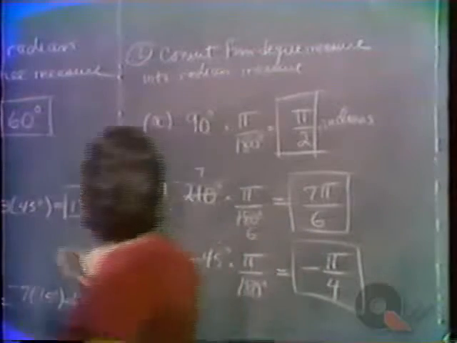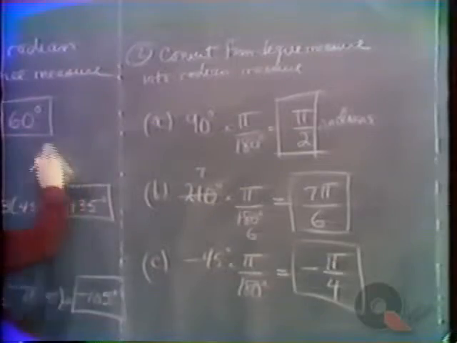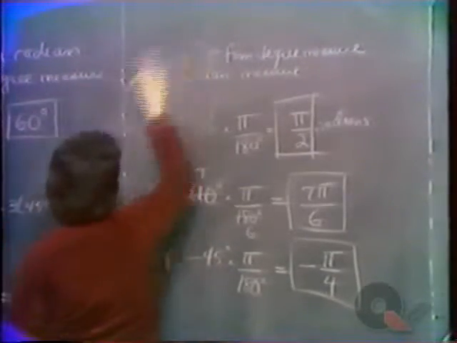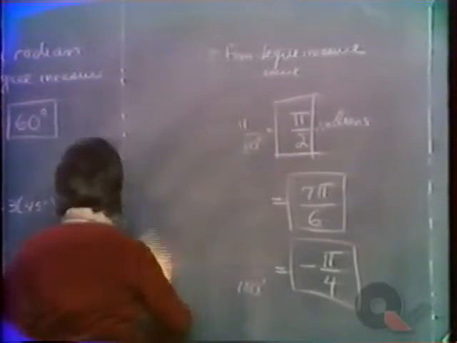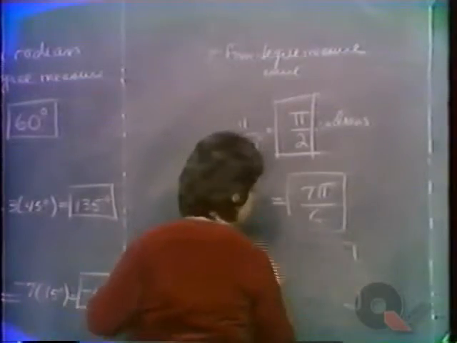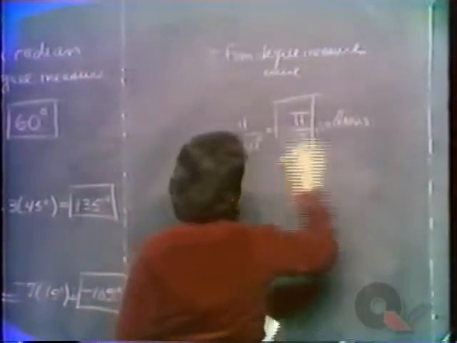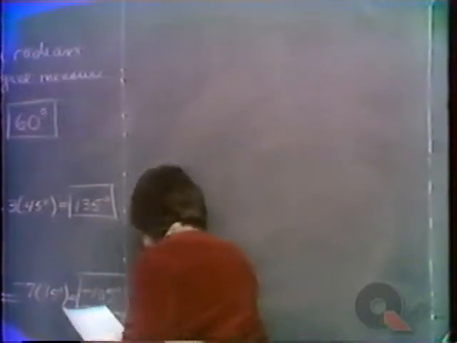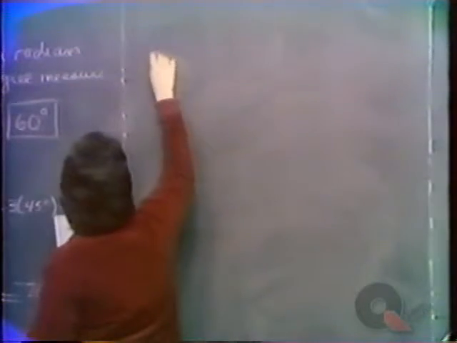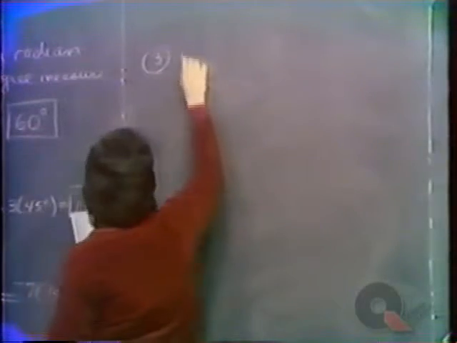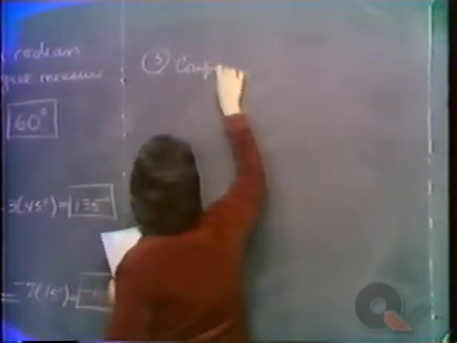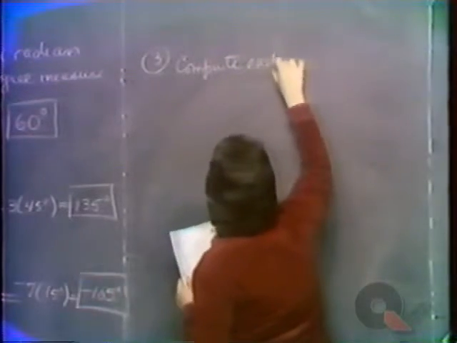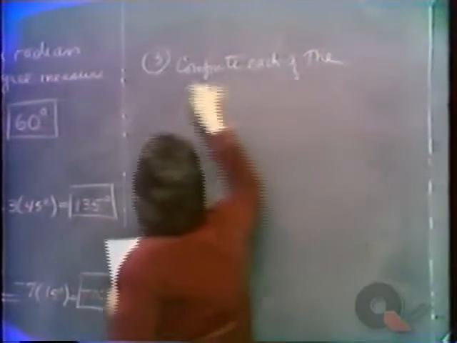Okay, now, in the next example, I would like to compute trig functions of certain basic angles. This is example number 3. We want to compute each of the following.